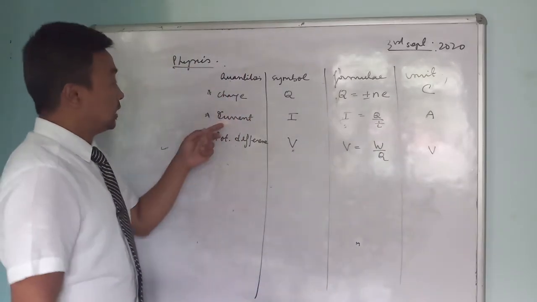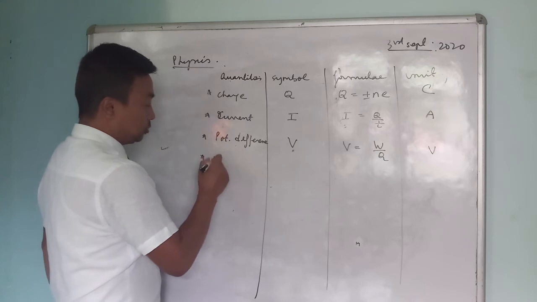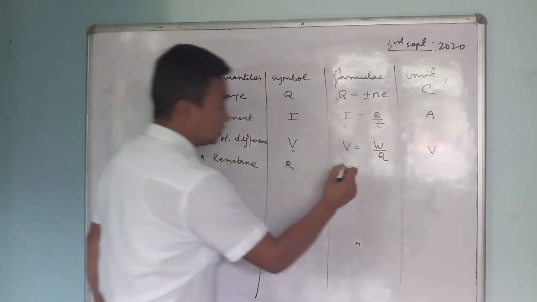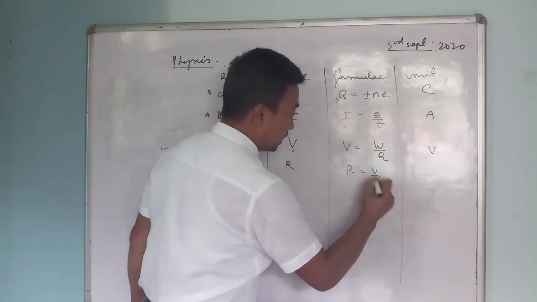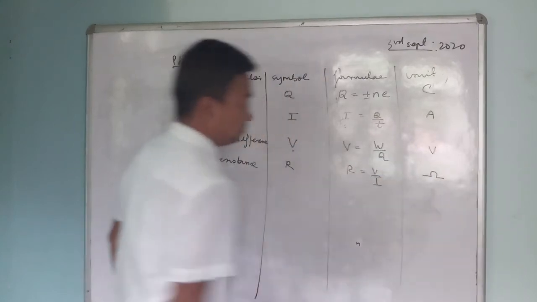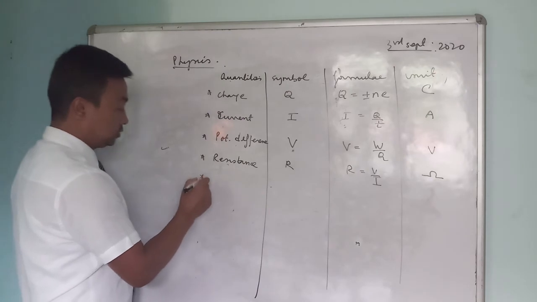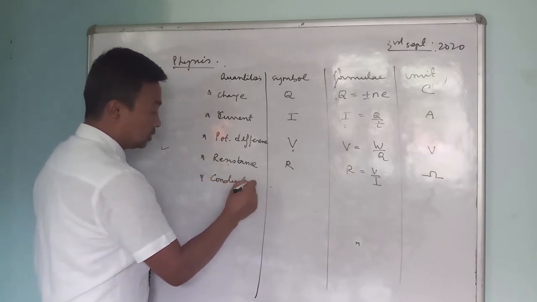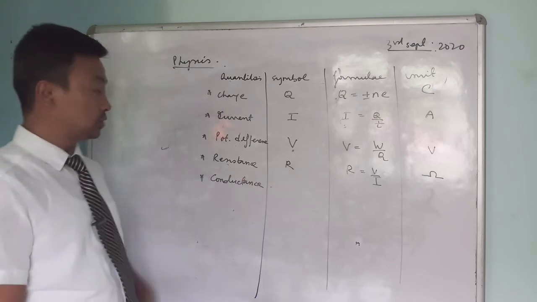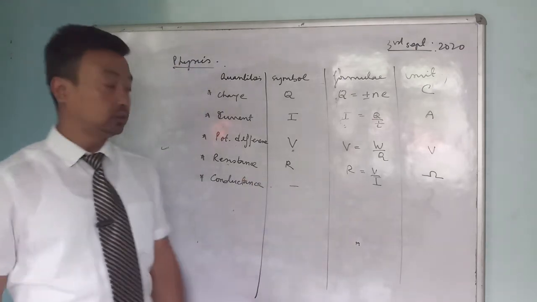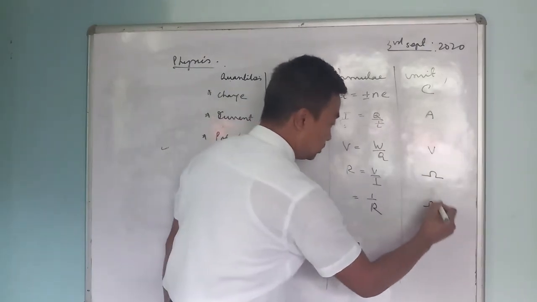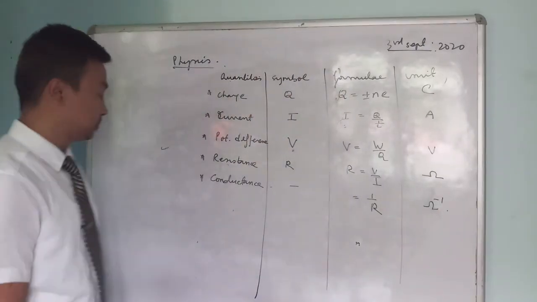Then after that we learned the resistance from Ohm's law. Symbol is R, the formula is V upon I, and the unit is ohm. Okay. Then you learned the reciprocal of the resistance. It is conductance. The symbol for the conductance is not given. The formula is 1 by R. The unit is ohm to the power minus 1.